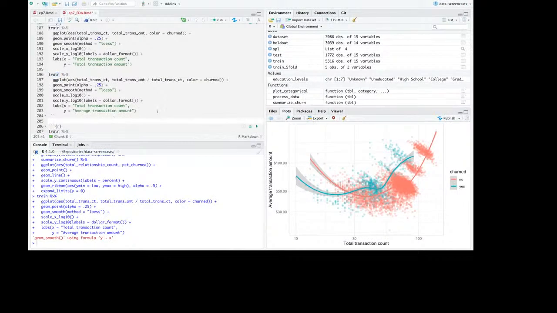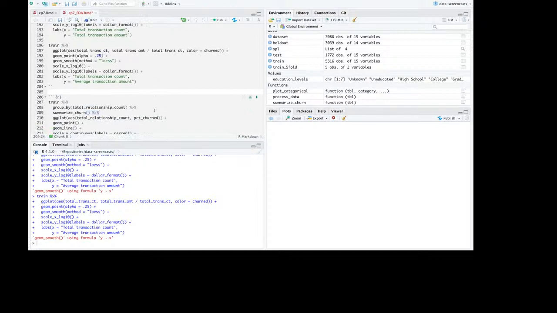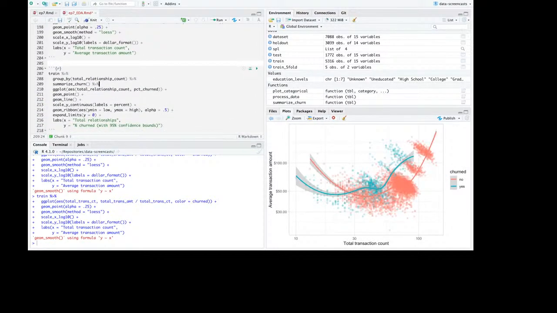I want to do some creative visualization today. I've done a little creativity, like some of those faceted ones. You can actually try a different one.